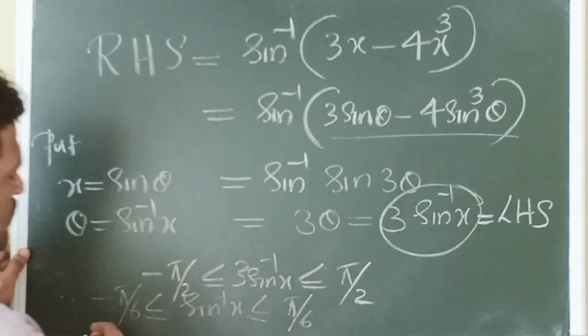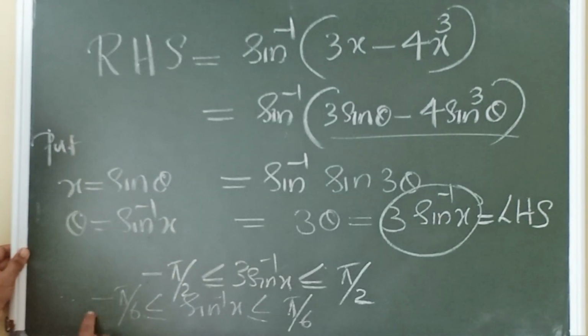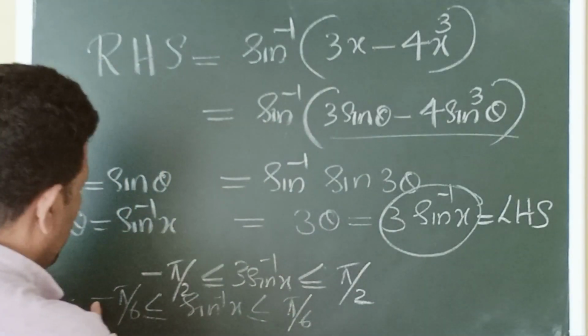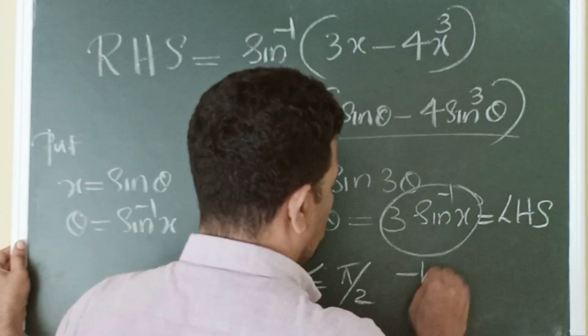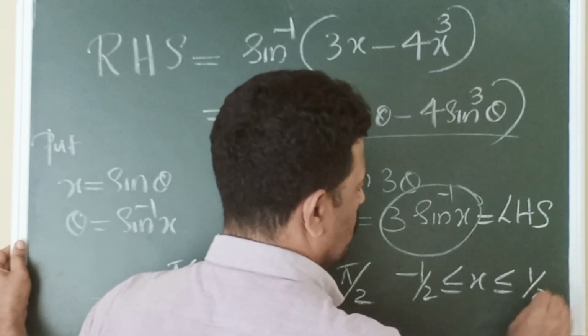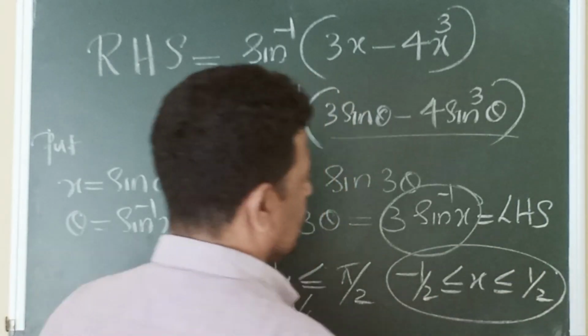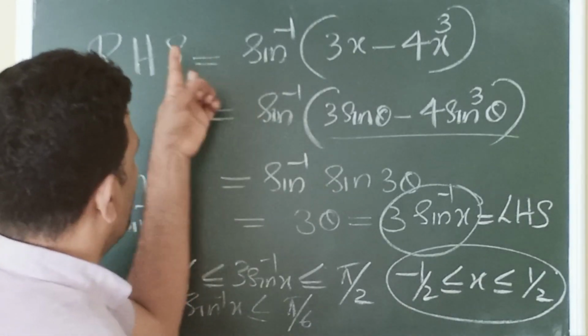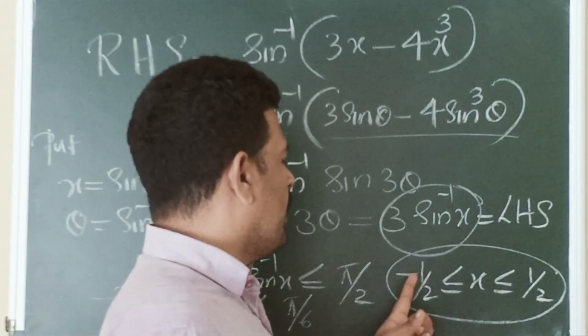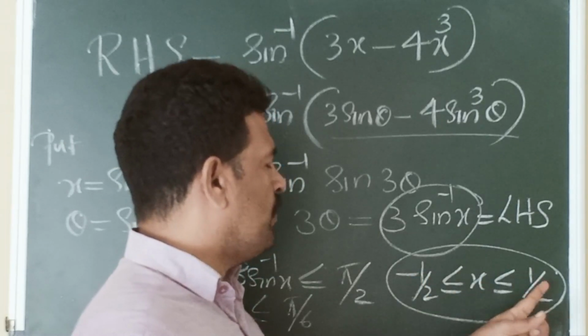That means x is, since sin of minus pi by 6 is minus 1 by 2, minus 1 by 2 less than or equal to x less than or equal to 1 by 2. Therefore, x satisfies this condition. That means this formula is valid only if x lies between minus 1 by 2 and 1 by 2, including both.